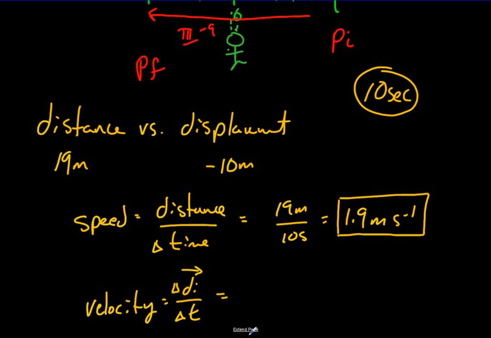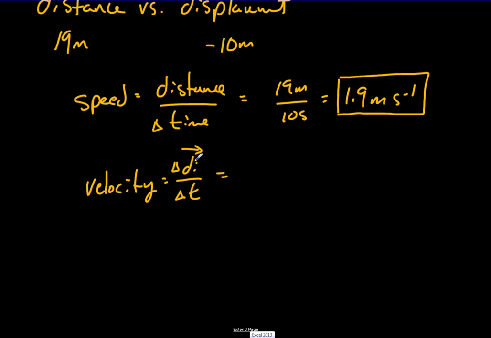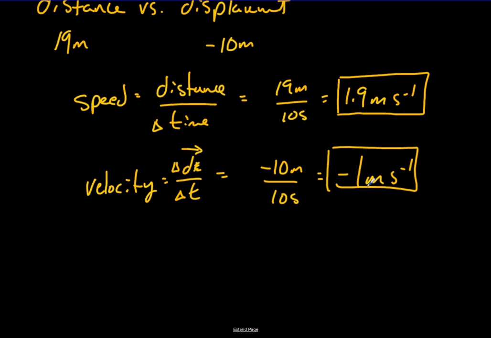If you ever see a little arrow, they don't mean distance, they mean displacement. So we've got -10 meters divided by 10 seconds, or -1 meters per second. This is a velocity, it's a vector. This is speed. It's scalar. Does that make sense?